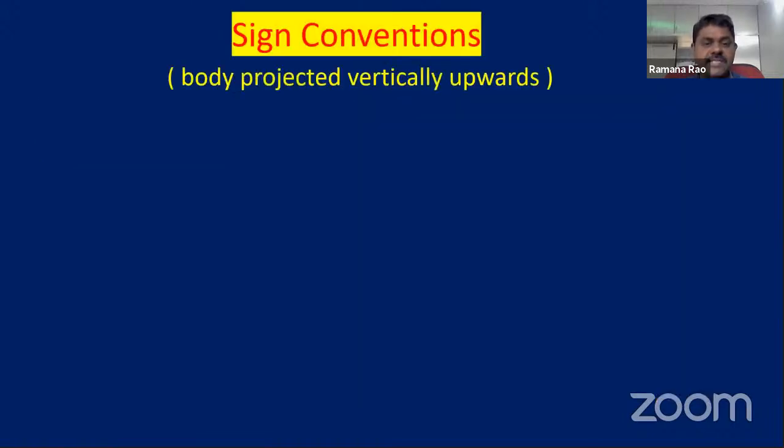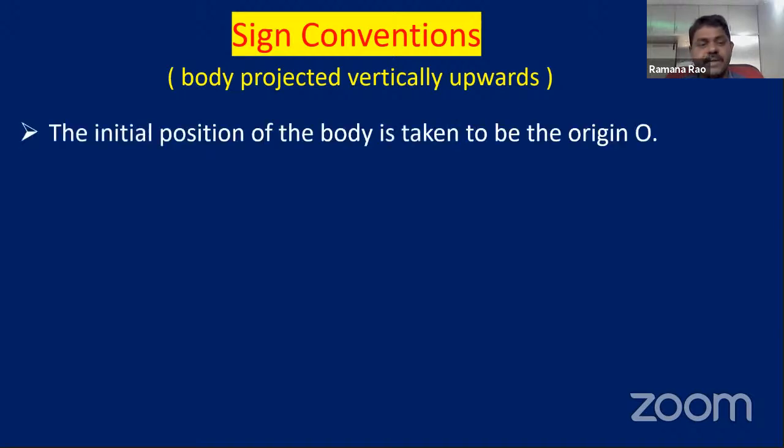And coming to the sign convention for a vertically projected body. How can you consider this while solving problems related to vertically projected bodies? Again, the initial position of the body is taken to be the origin. That means from where you are throwing the body, that is to be the origin.